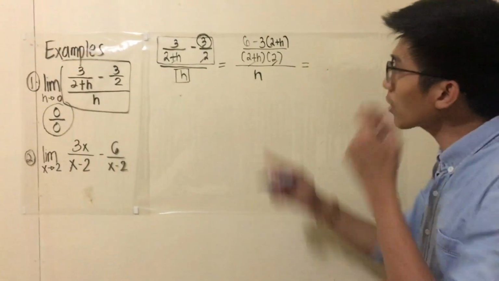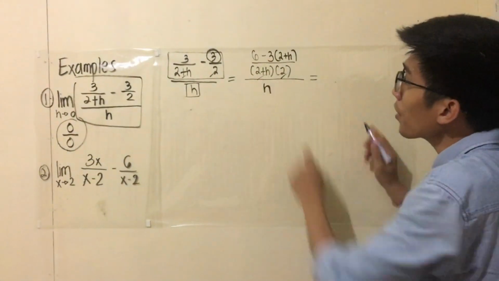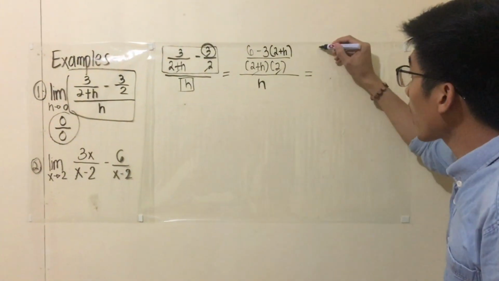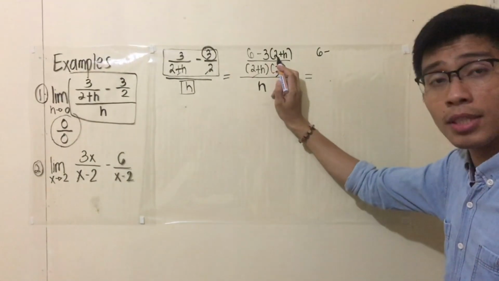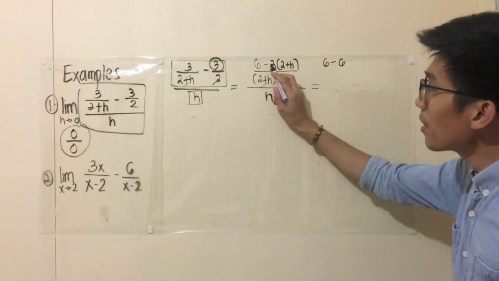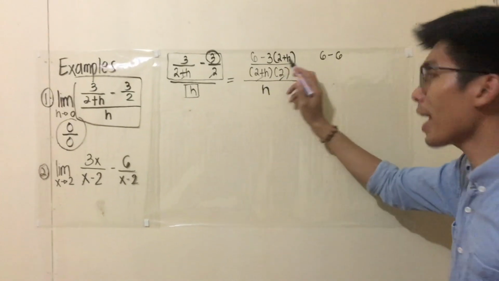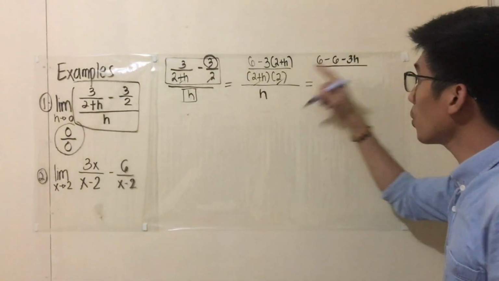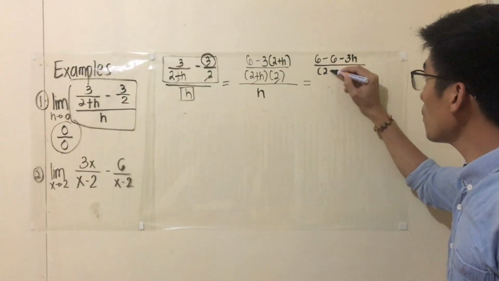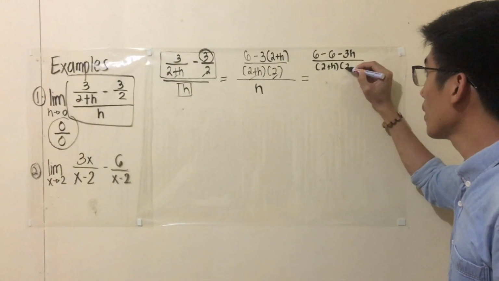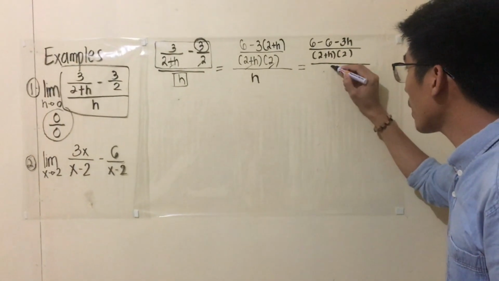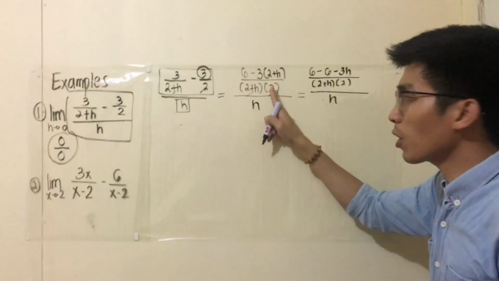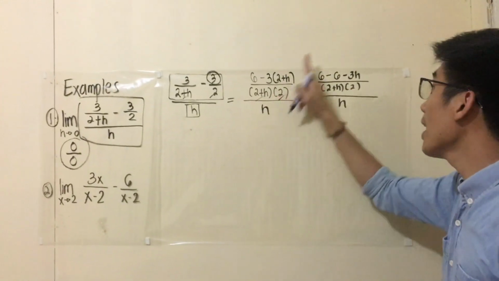So look at your new numerator. Very obvious that you can distribute this quantity to the 3. So you copy 6 minus 3 times 2, that is 6. Negative 3 times positive h, that is negative 3h. All over your LCD, which is 2 plus h times 2, all over the entire denominator, which is h. Again, we combine that as one fraction, then we simplify.